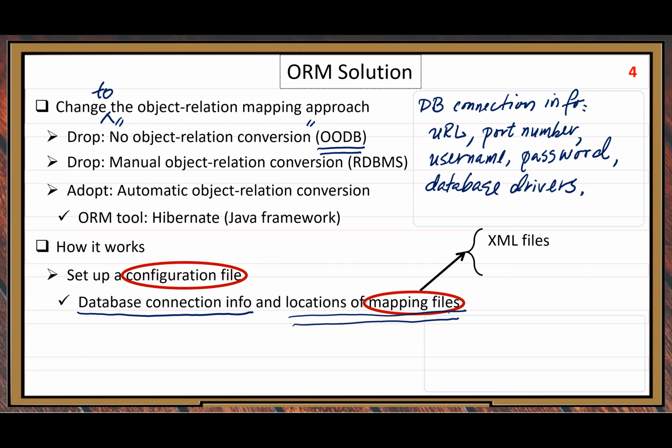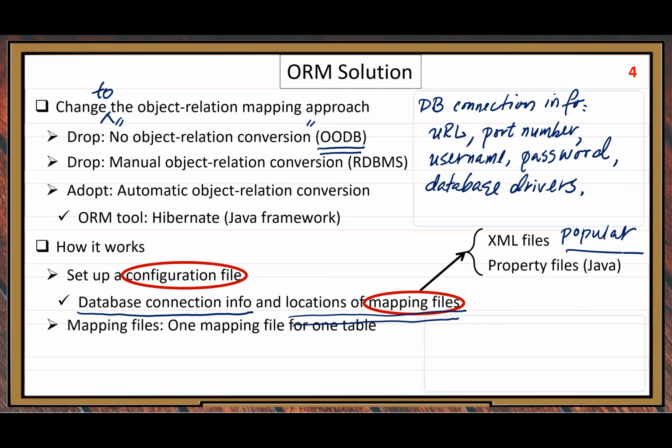The mapping files are in XML. Another option is property files, which are less popular. XML is the more popular one.